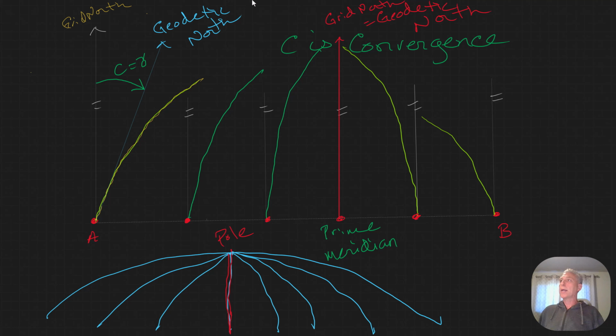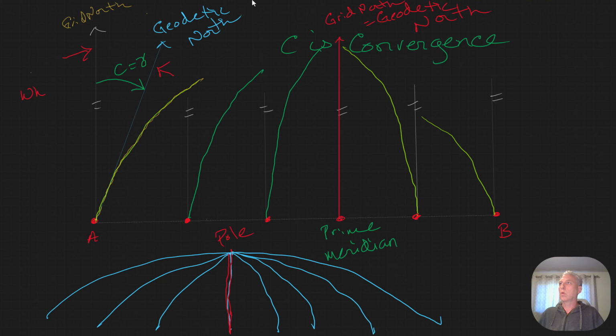On this side, when our geodetic north is, let me think of how to phrase this. I think what we'll do, so consider just point A. The convergence angle is such that grid north is east of geodetic north, right?